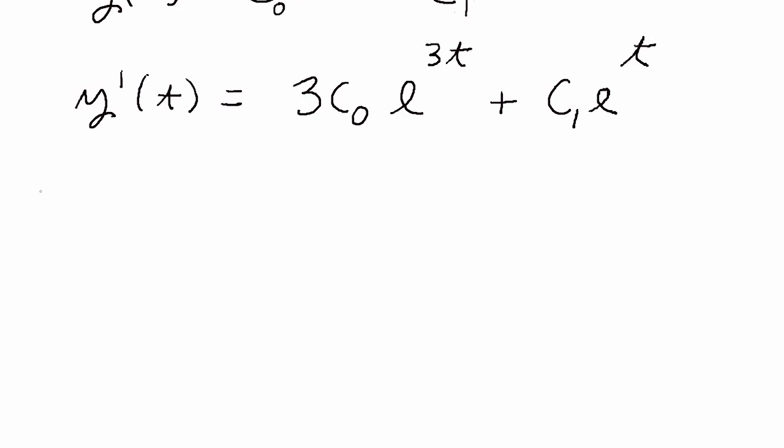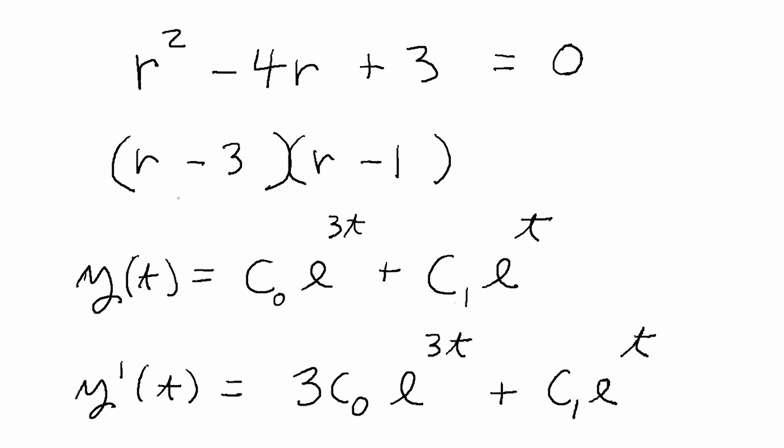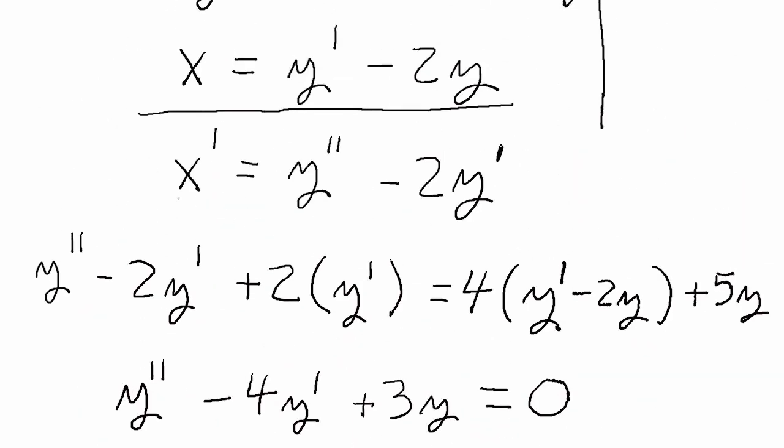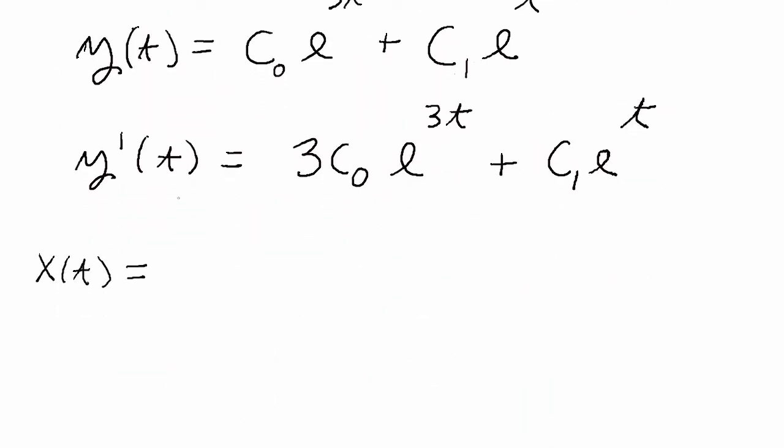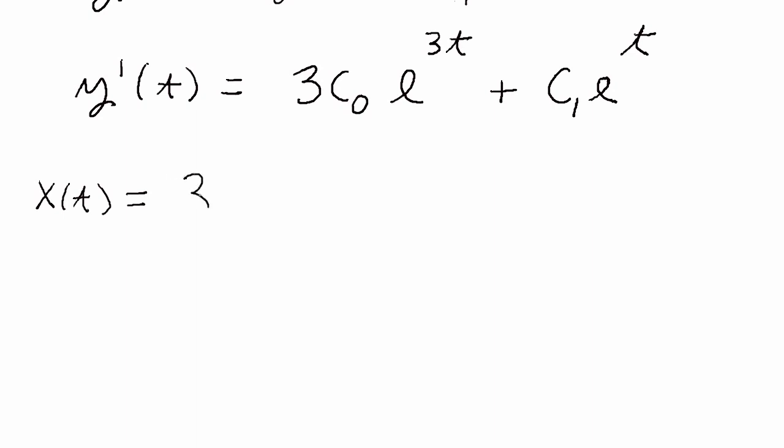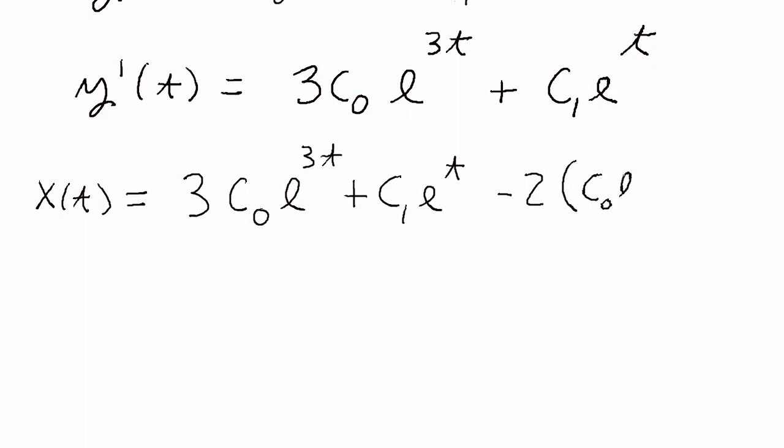So x at time t is 3c0 e to the 3t plus c1 e to the t, minus 2 times y, which is c0 e to the 3t plus c1 e to the t.